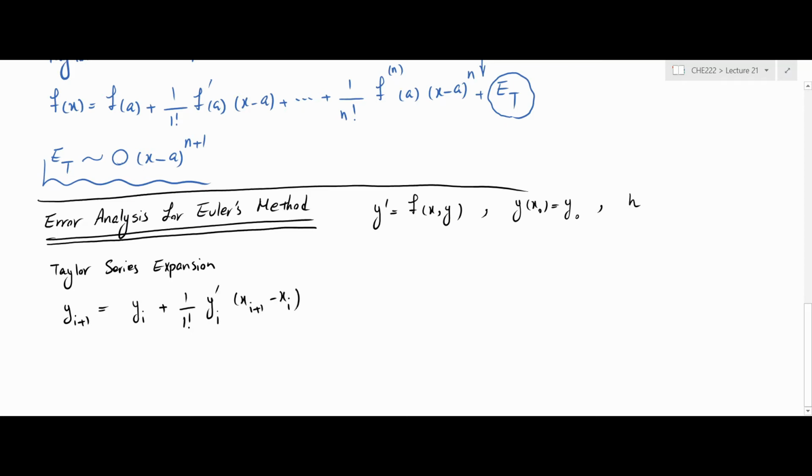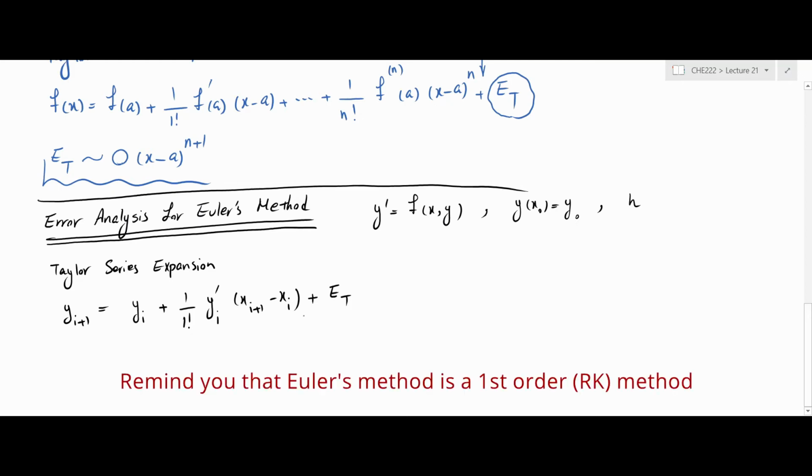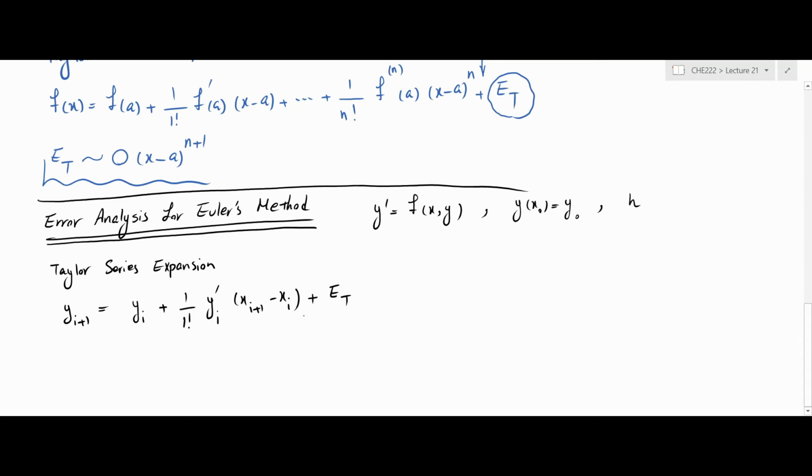and we will truncate the Taylor series expansion right after the second term, and we introduce the truncation error in here. If you remember, we call this the first order Taylor polynomial. And based on the concept that I just introduced in here, the truncation error for this case will be on the order of x_{i+1} minus x_i to the power of 2.